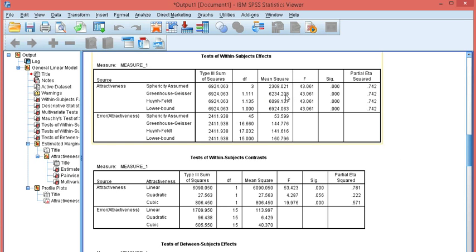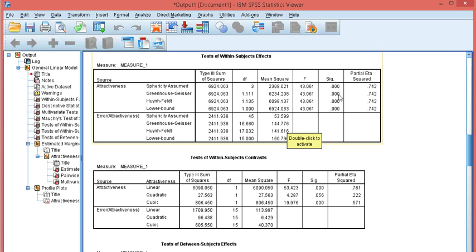So this variance is the estimate of the variability in social desirability across the different levels of attractiveness, and this variance is the one which we expect by chance. So when you divide this mean square by this value, we get our F ratio with the Greenhouse-Geisser correction.